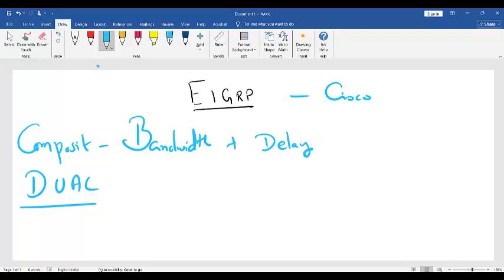Now, as I said in the RIP topic, for every protocol there is a preference trust value called administrative distance.